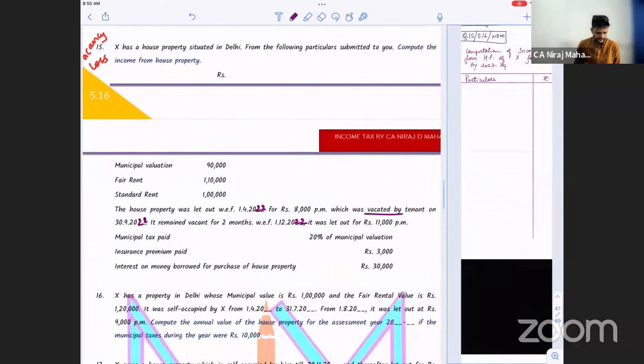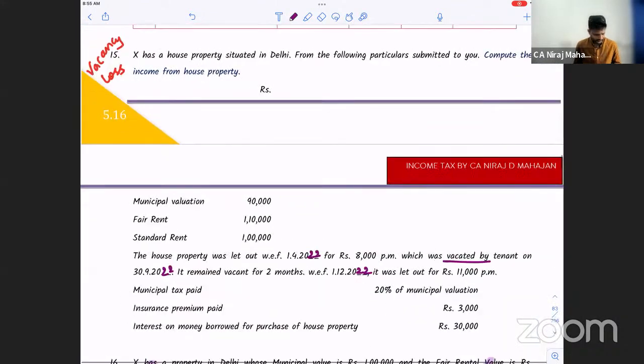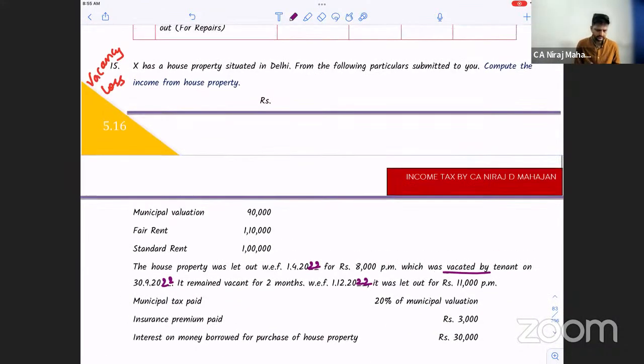Come on, all of you. Try this. Question number 15. Do it in rough. Don't write it with a regular pen. If there are any mistakes, we can rectify.